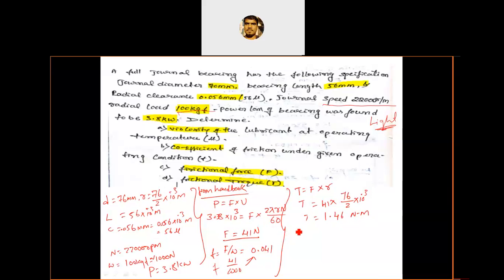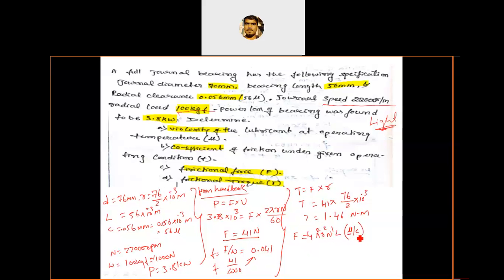Okay, and finally we want the value of mu, so you can use the frictional force value, no problem. F is equal to 4 pi square r square n dash L by mu by C. By substituting all the values, the only unknown is mu.